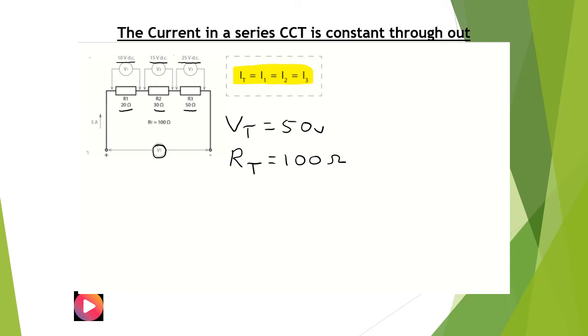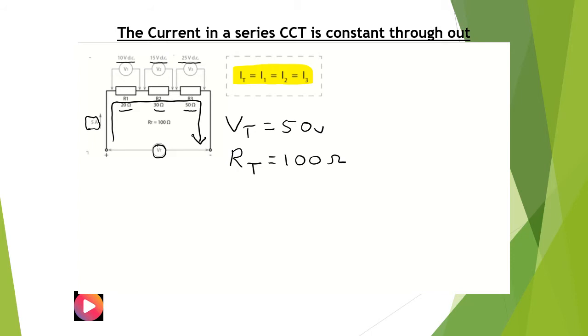Now, current being the flow of electrons, and the current which we have said here is equal to 5 amps, or it's been given to us as 5 amps. We must note that this law says that the current in a series circuit is constant. It flows around the circuit.